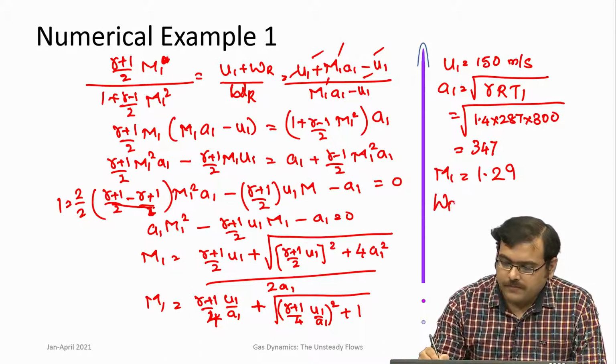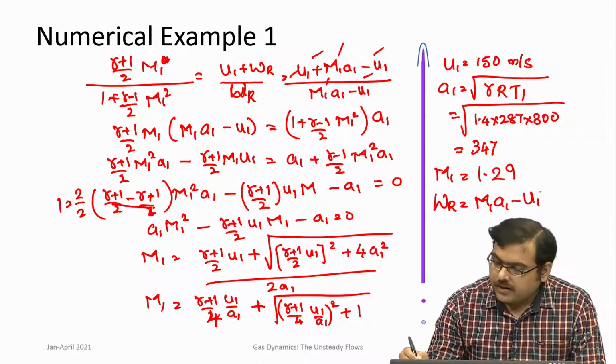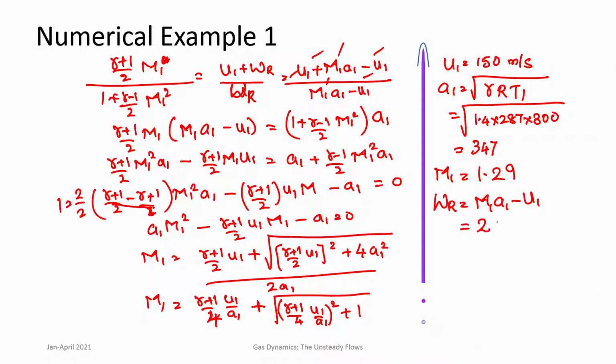So, what is the wave speed WR? It is m1 a1 minus u1, and you can substitute the values again, and the wave speed is 297.63 meter per second. So, you should understand that the Mach number for the reflected wave is actually (WR plus U1) by A1, not WR by A1. So, please bear that in mind.